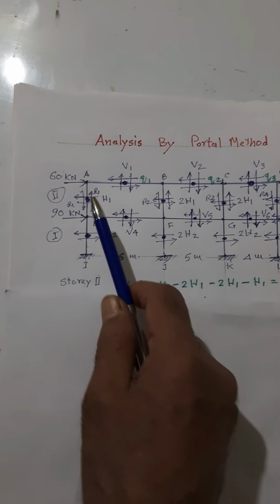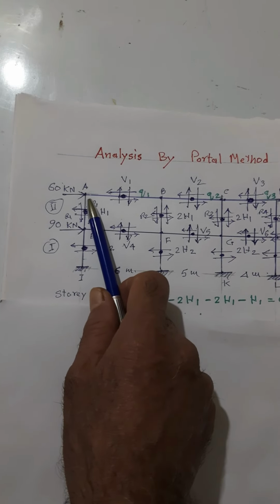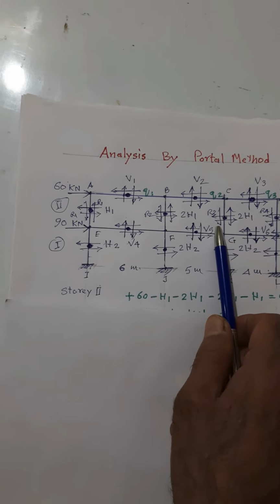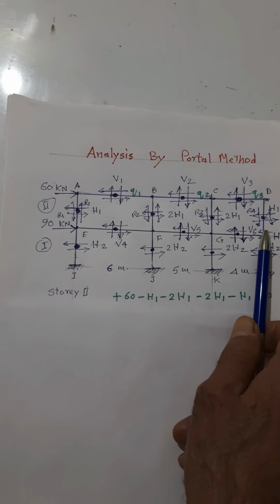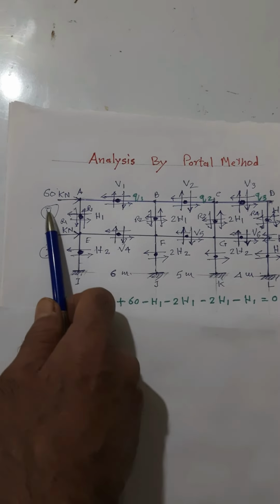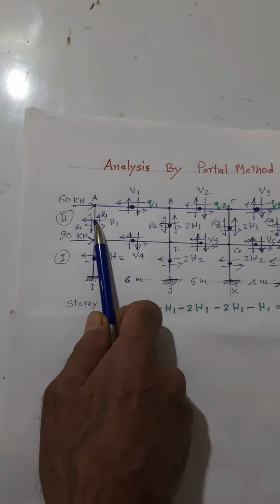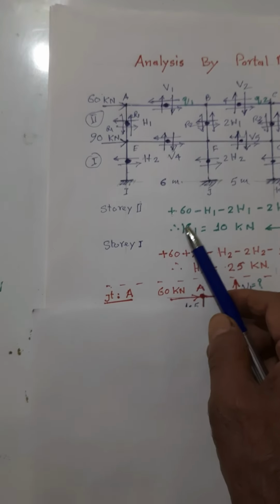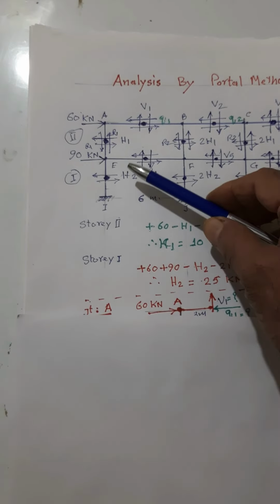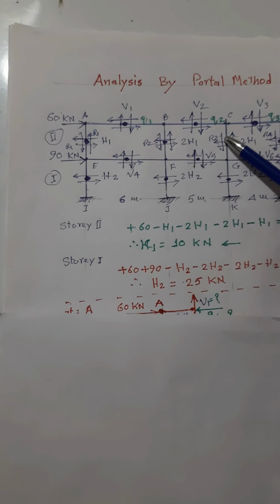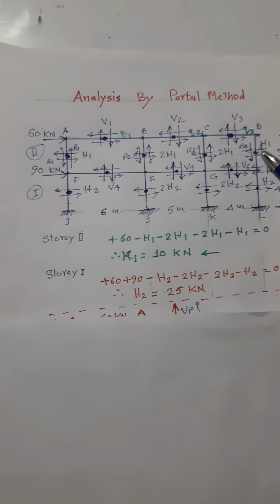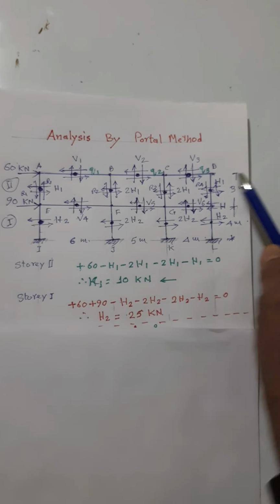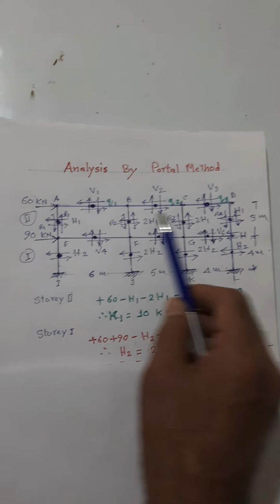Just to start with, we know that the inner column takes double the shear as compared to that of the outer one. So we can say sigma, if this is P, then this is P, this is 2P, this is P, 2P and this is P, and we can straightaway find out the value of the horizontal shear, which we can call H. Then H plus 2H plus 2H plus H, because horizontal shear for the inner column is double that of the external one.